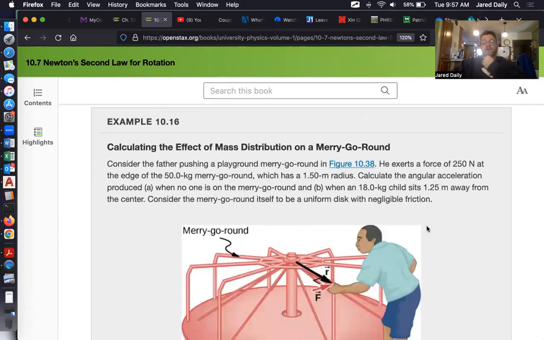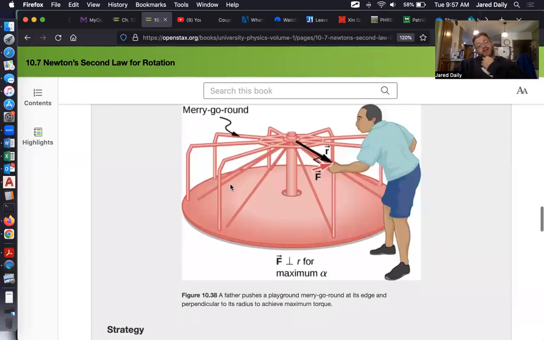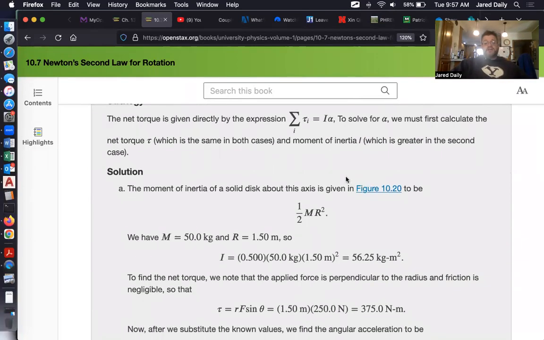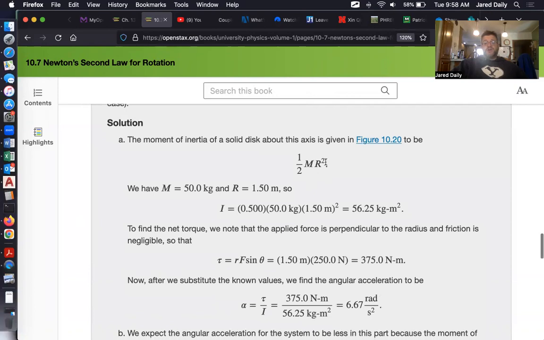So we go back to our merry-go-round problem, and we have a person that's going to apply a force to this merry-go-round. That force is going to create some kind of torque, and that torque is going to create some kind of angular acceleration relative to the moment of inertia of the merry-go-round. So we're going to just call the merry-go-round a solid disk, so it's going to have a moment of inertia 1/2 m r squared from the table previously.